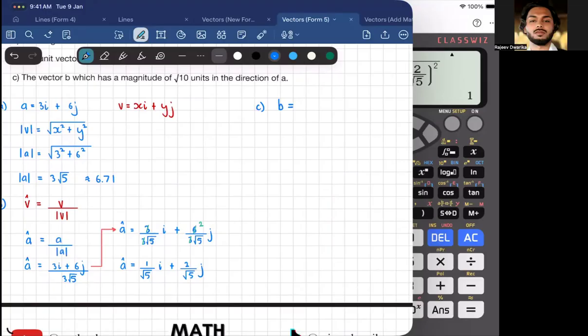So if that is 1 and is in the direction of a, in this question, I want to find something that has a length of root 10 and is in the direction of a. What do you think I should do with the unit vector? Multiply it by root 10. Yeah, that's it. It's simple, it's just looking hard. So that will just be root 10 by 1 all over root 5.